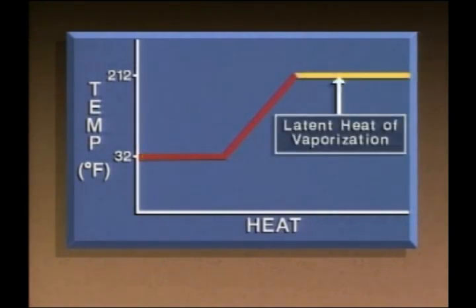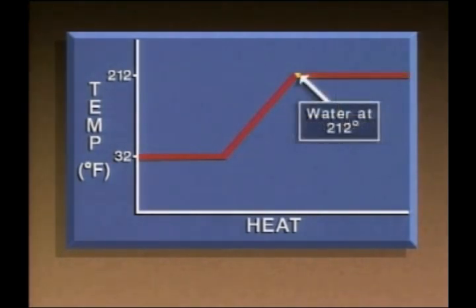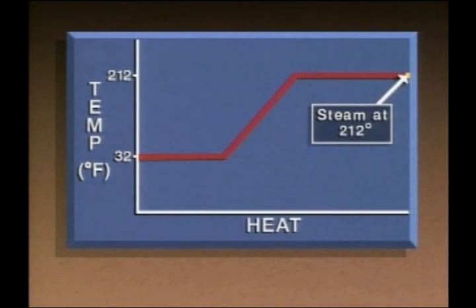This horizontal line represents the latent heat of vaporization. The latent heat of vaporization is the amount of heat required to vaporize a substance without a change in temperature or pressure. This point represents water at 212 degrees, and this point represents steam at 212 degrees.